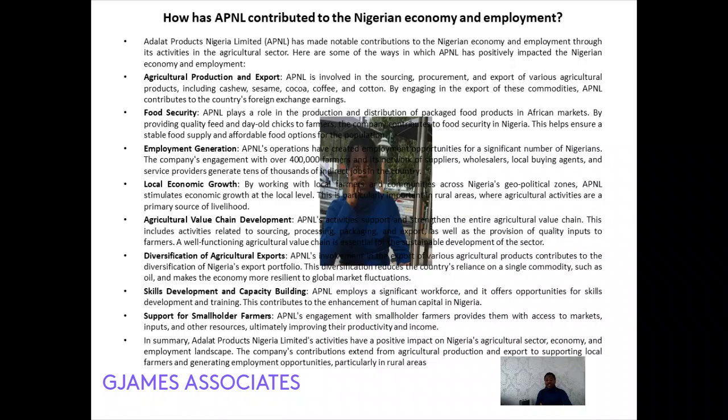How has Adalat contributed to the economy and employment?